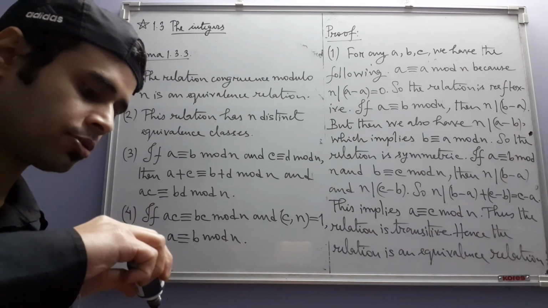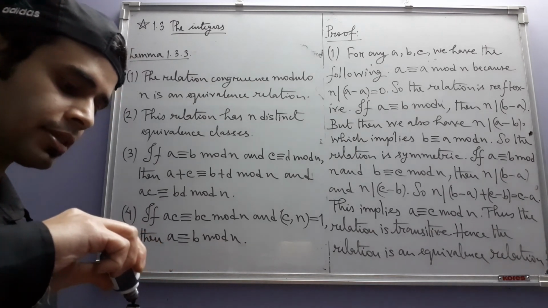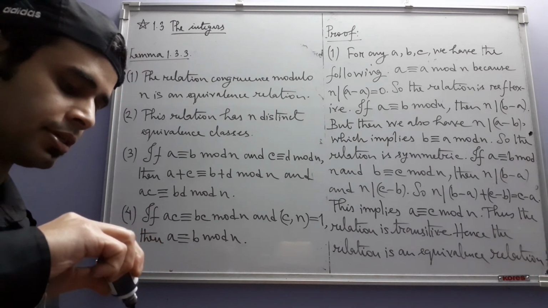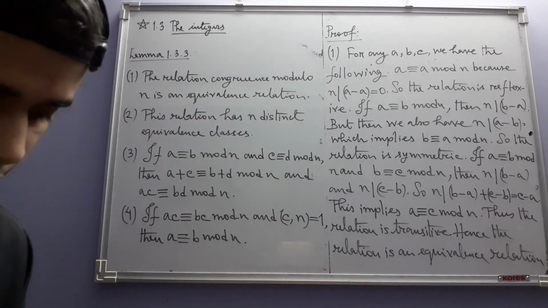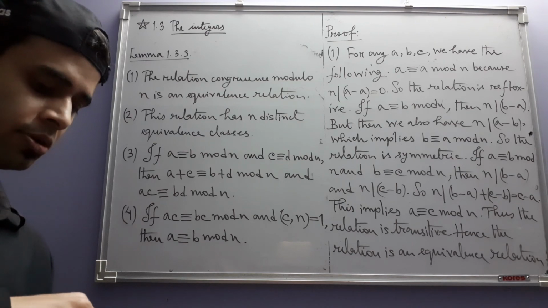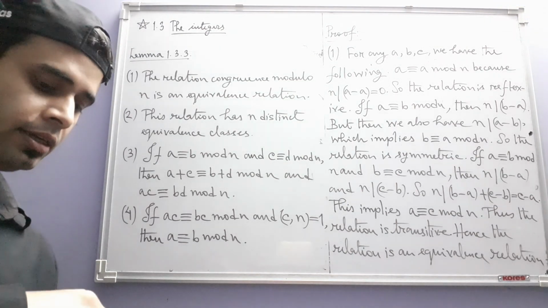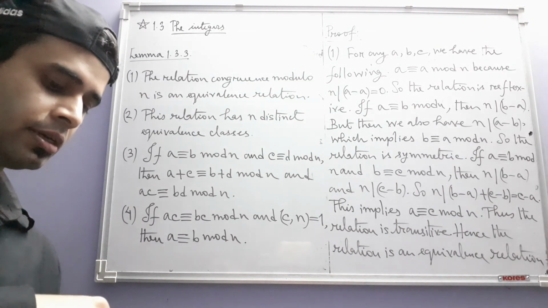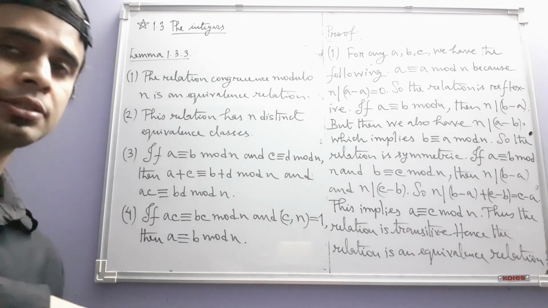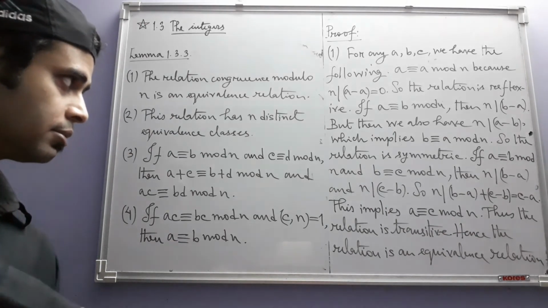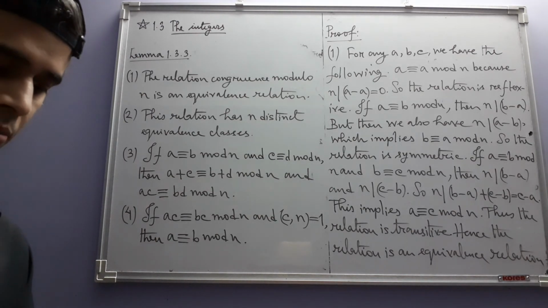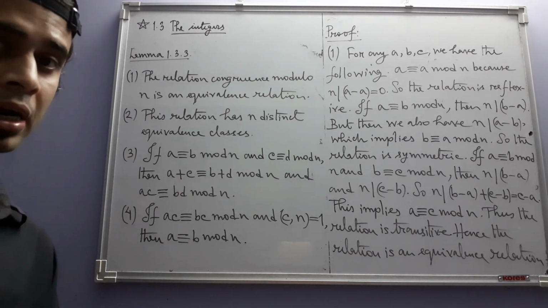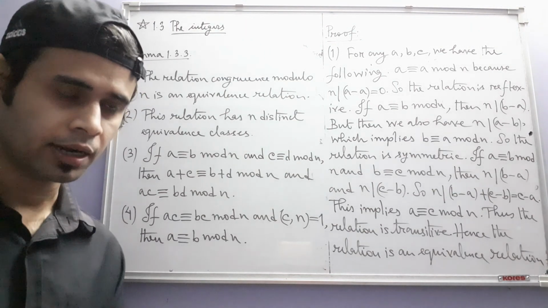We are now going to show that the relation has n distinct equivalence classes. Now for these things to make sense, you should already know what an equivalence relation and an equivalence class are. I will discuss these when we go to those parts of set theory which treat relations.